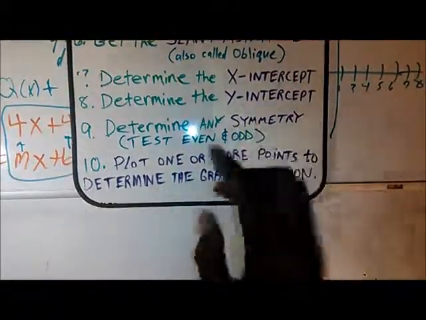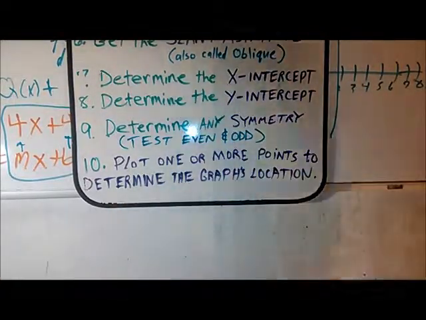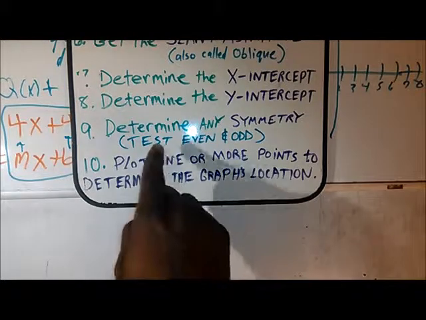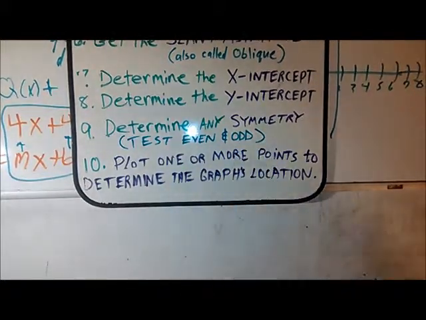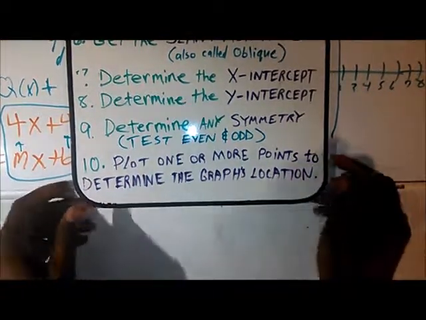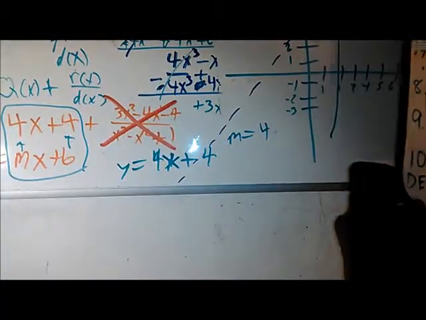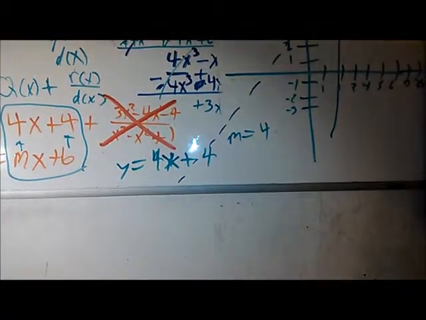Then you also need to determine the x-intercept and the y-intercept. Then you find out if there's symmetry. So you test for odd symmetry, and then you test for even symmetry. And then you plot one or more points to determine the graph's location. That's how you do it. So let's try to graph some rational functions.